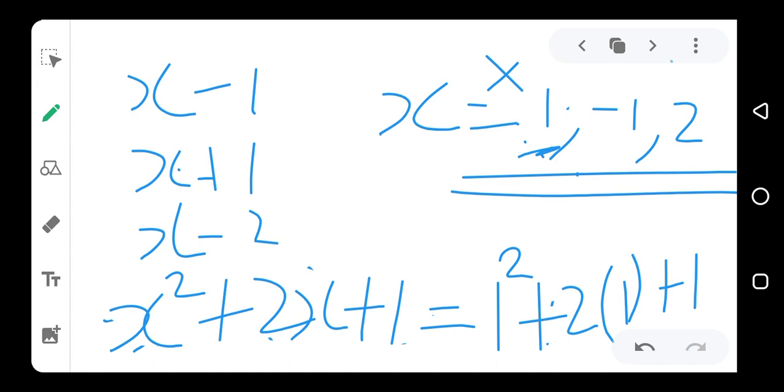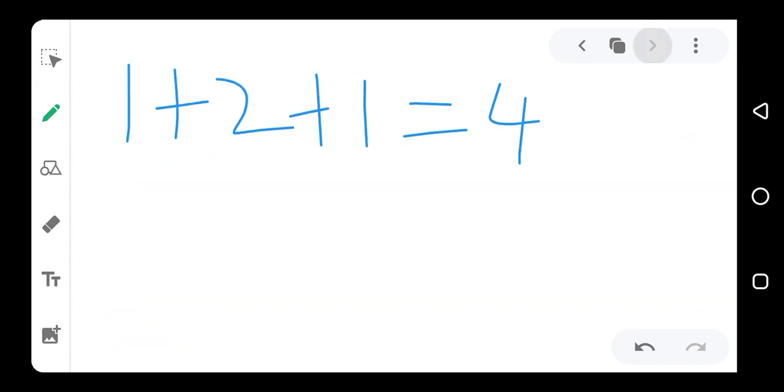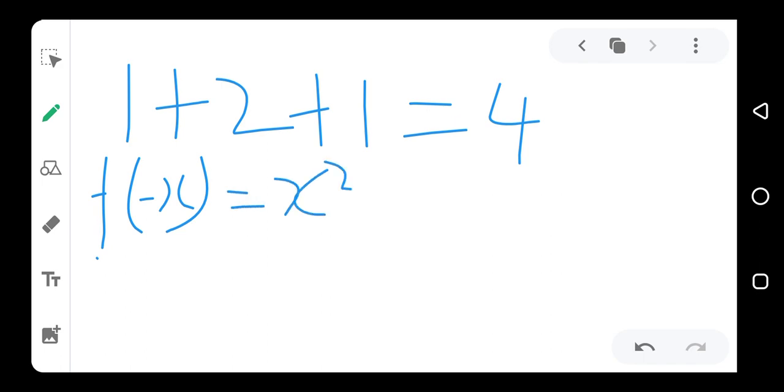Now let's check minus 1. Now for x equal to minus 1, let's say f of x, where x equal to minus 1, is equal to the equation given to us, x squared plus 2x plus 1.